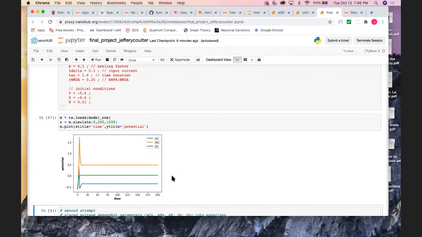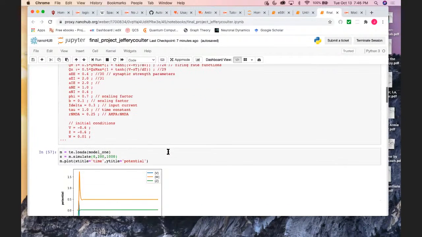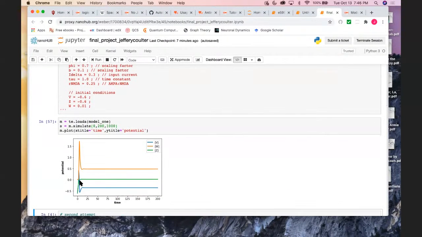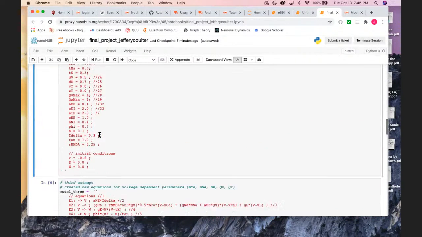It's the inhibitory potential, and it looks like it just goes up and then flattens. I think that inhibitory potentials are supposed to dip down rather than go up like this. So I'm still trying to figure out how to plot this one.